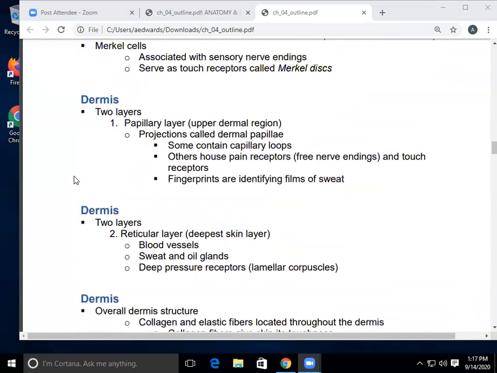The dermis is below. Based on what I've drawn here, here's your epidermis, and here's your skin surface. And you have the dermis. Most of the dermis is going to be papillary layer.